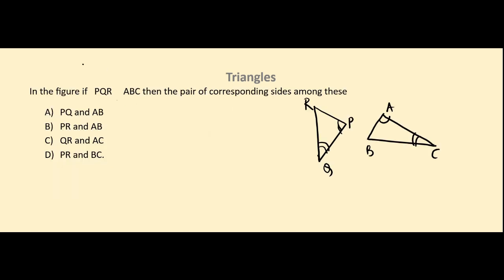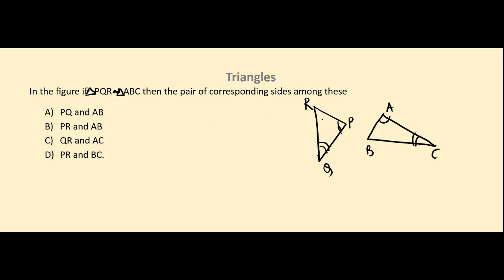Okay. Next is, in the figure, if this triangle PQR is similar to triangle ABC, then find the pair of corresponding sides among these. If these angles are similar, then by the similarity criterion we can write.